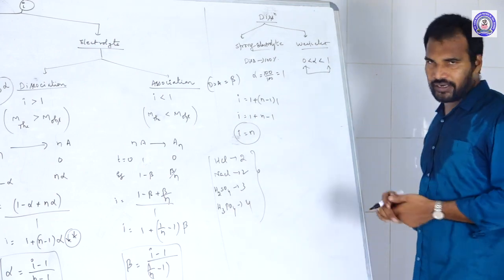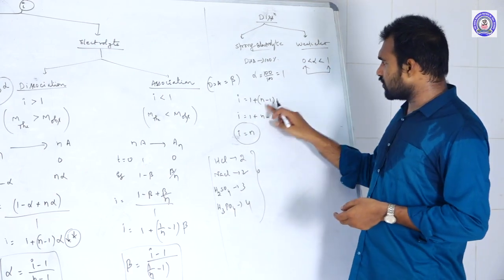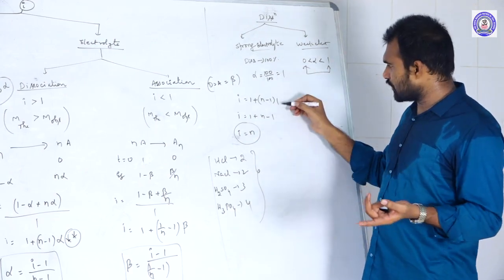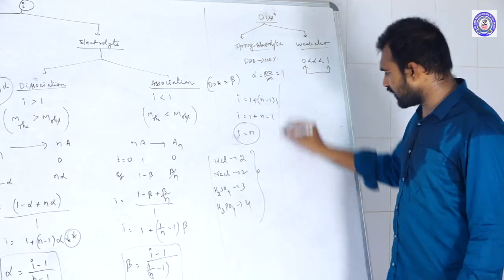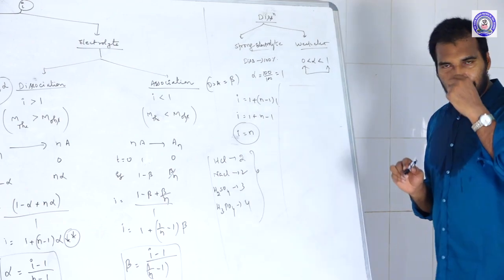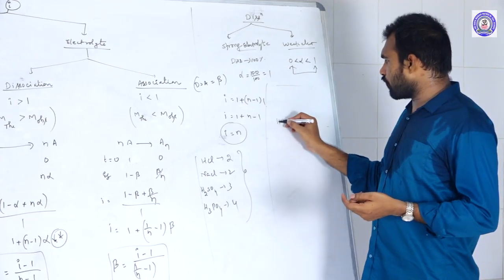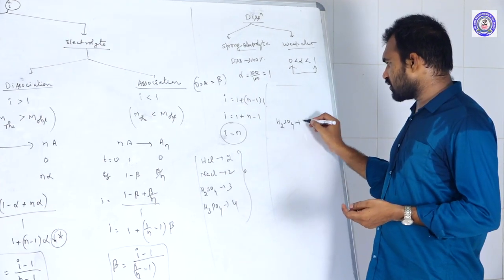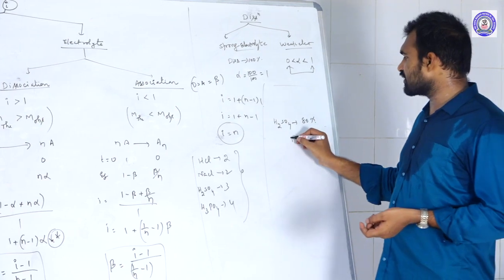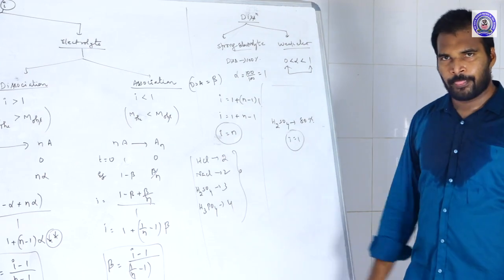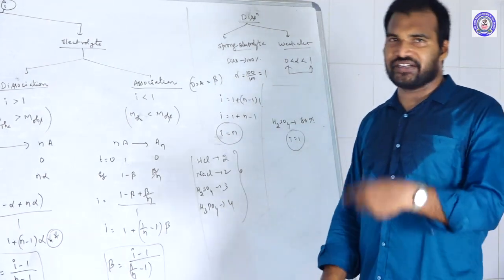By using this formula we can calculate: simply substitute the alpha value here and we will get the i value. For example, if H2SO4 is 80% dissociated, then what is its i value? That is the question.